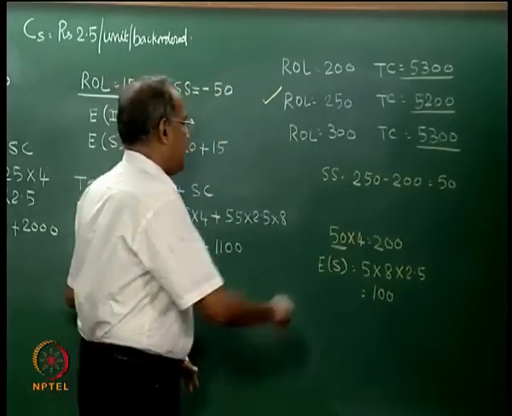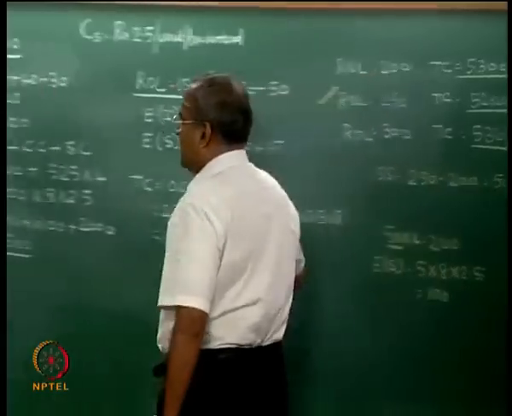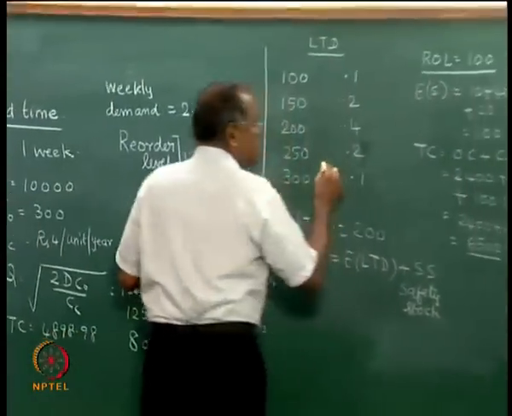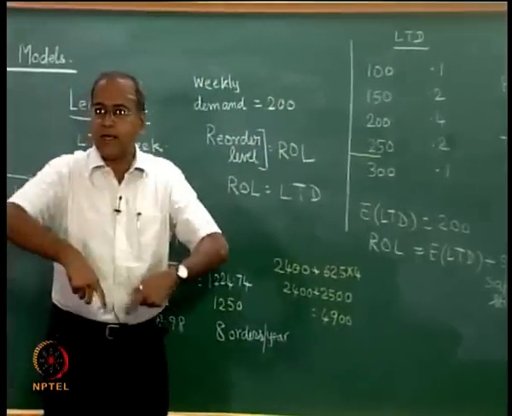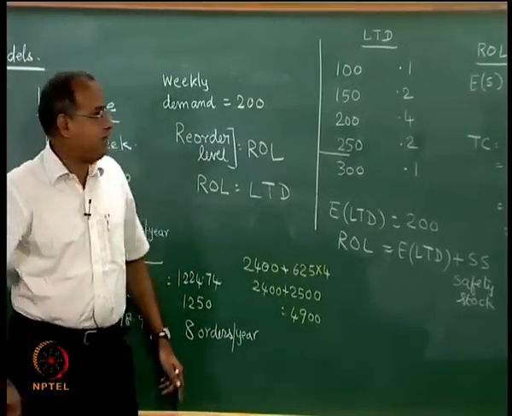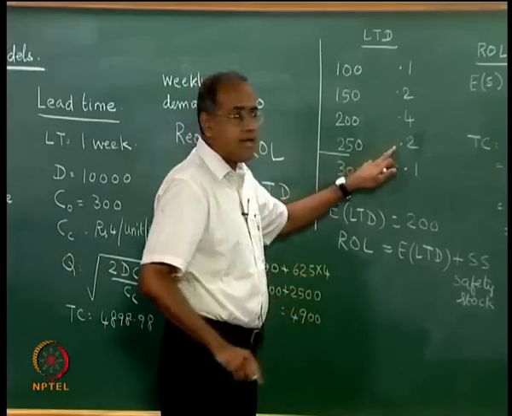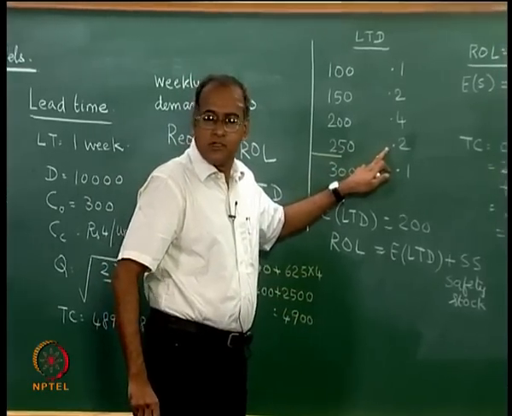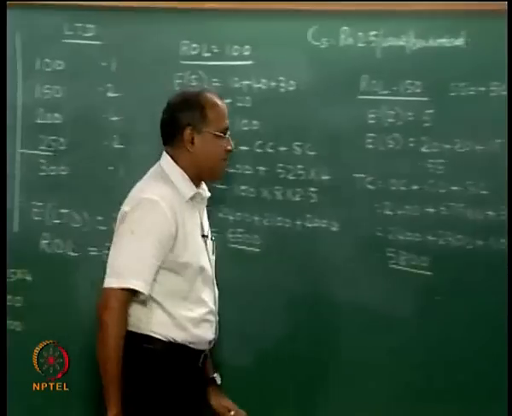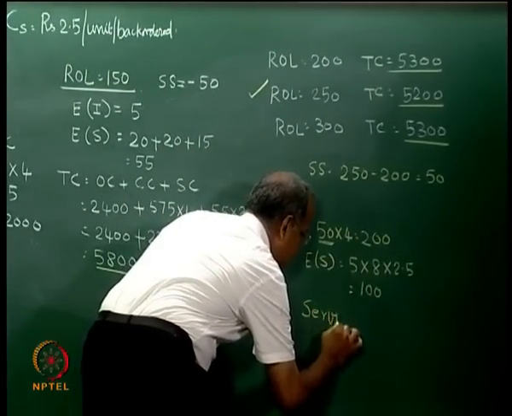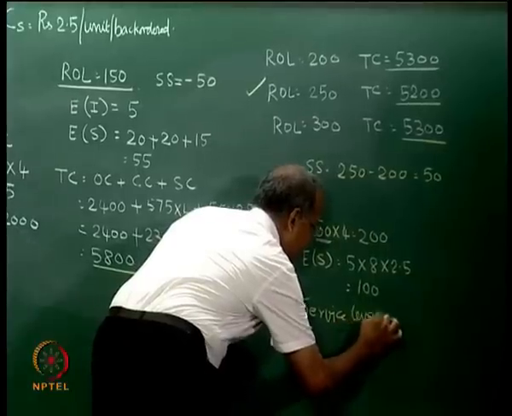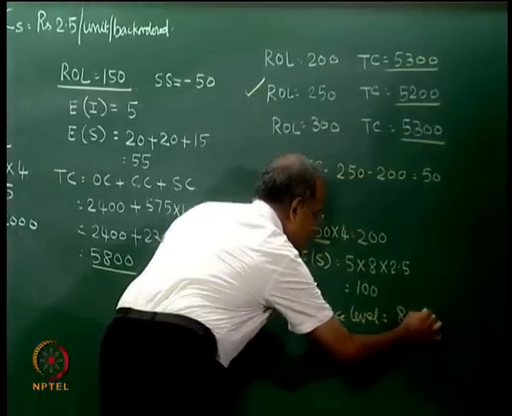Now with an additional safety stock of 50 and a reorder level of 250, every cycle we will be able to meet the demand 80% of the times. So the demand in a cycle is met 80% of the times. That is called service level, is 80%.